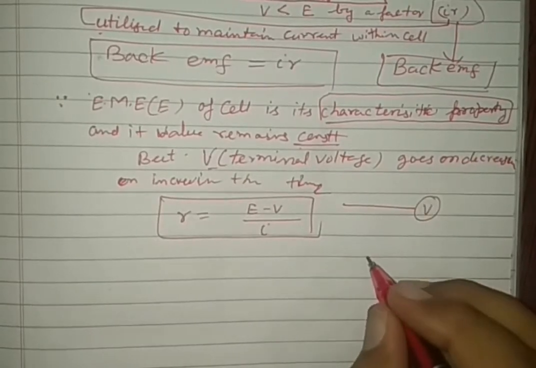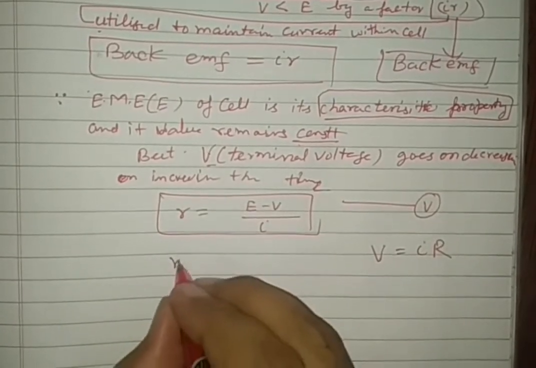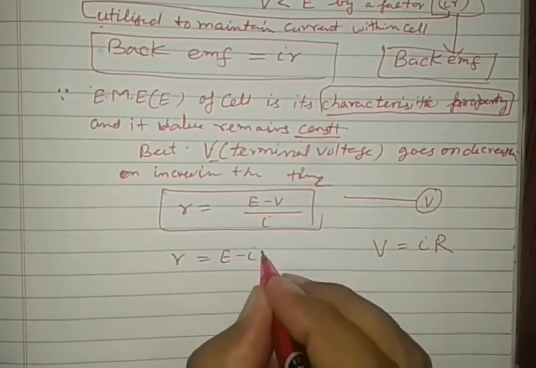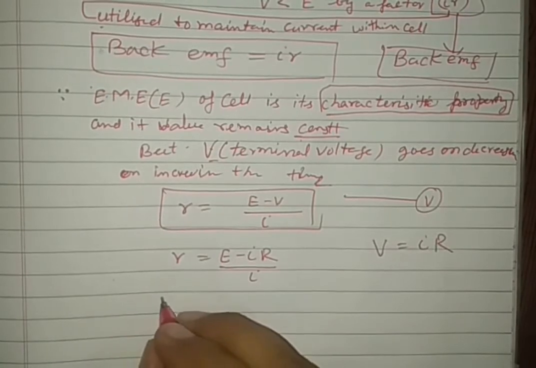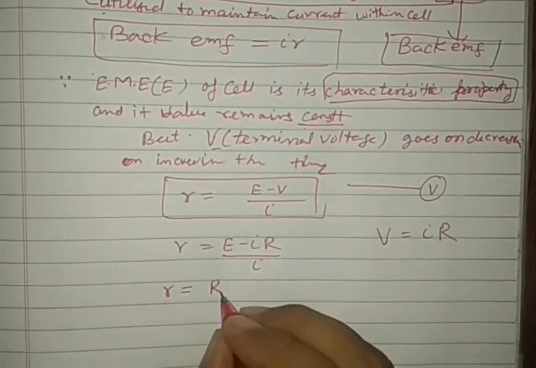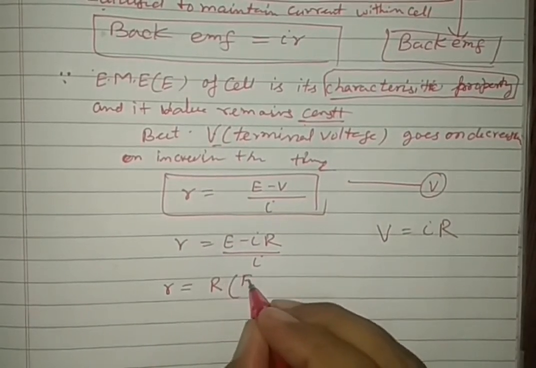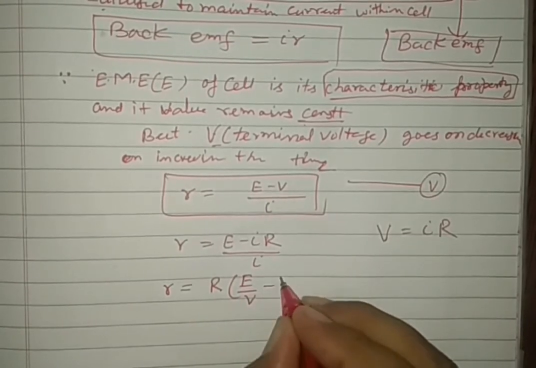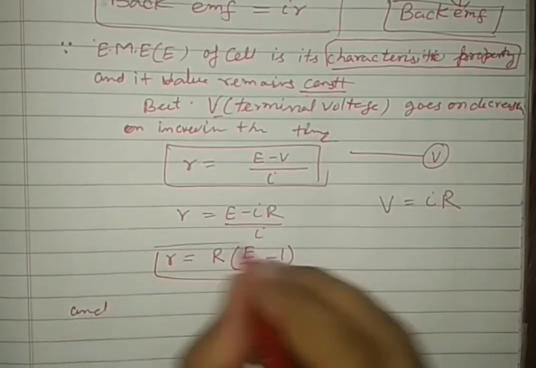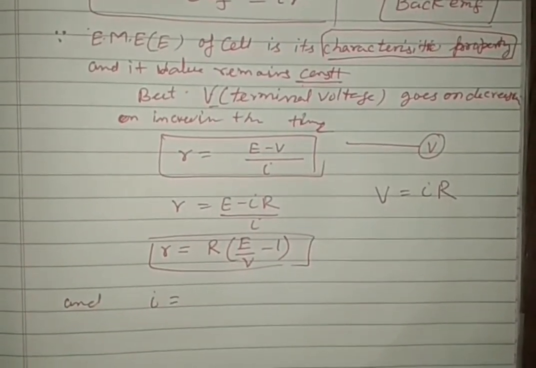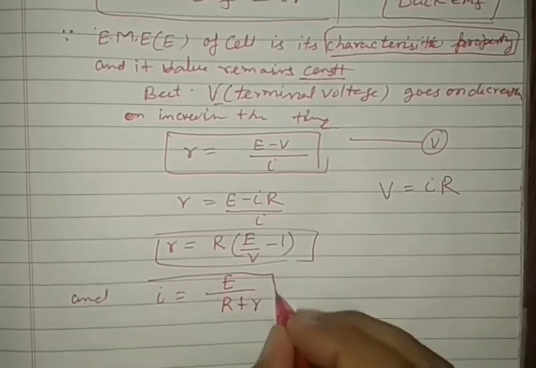Since terminal voltage V can be written as I into capital R, this is E minus I R by I. r can also be written in this form, r is equal to capital R into E by V minus 1, and in terms of current I, it is E by external resistance plus internal resistance.